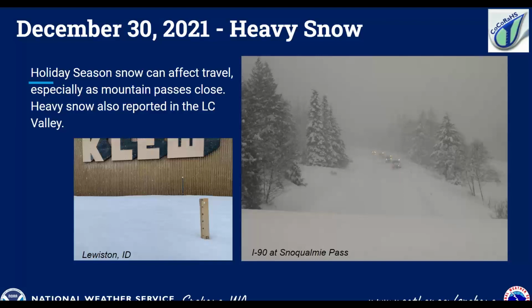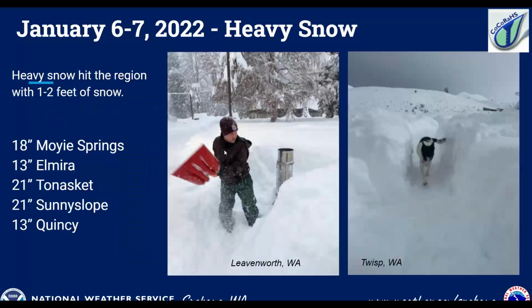That heavy snow even stretched across the inland Northwest, even to the LC Valley, where they got some significant snow as well. Now, if we also remember, getting into early January, we had another round of heavy snow, and this was more in the frame of 1 to 2 feet of snow, especially up in Boundary County by Moyie Springs and Elmira, but also in Okanogan County, where Tonasket got 21 inches of snow.